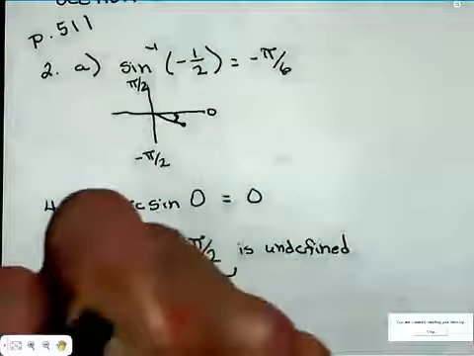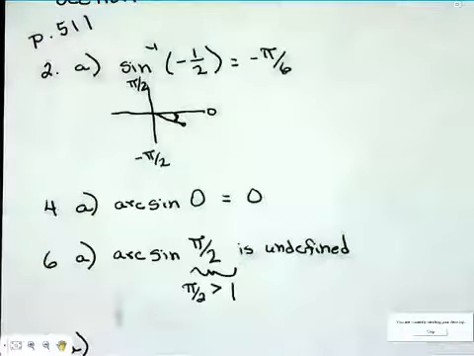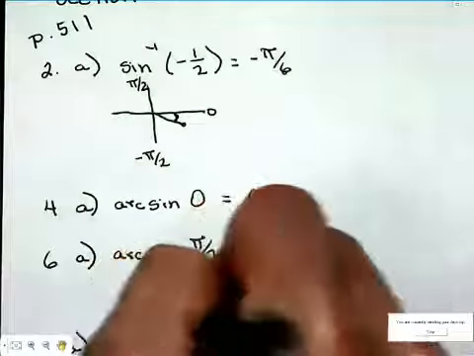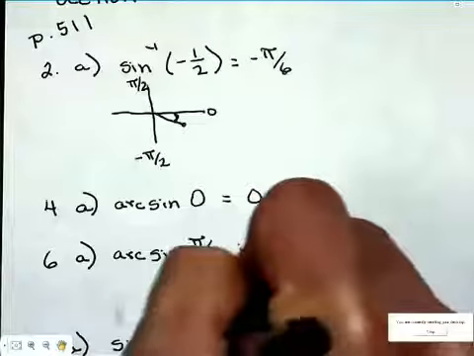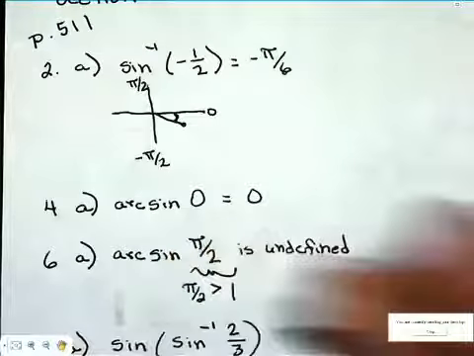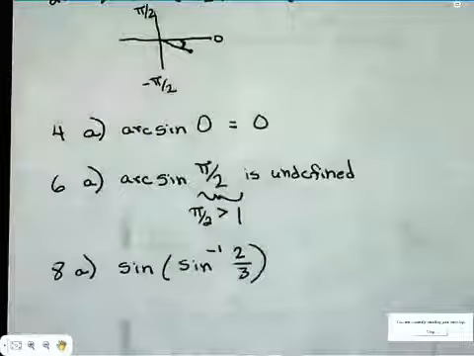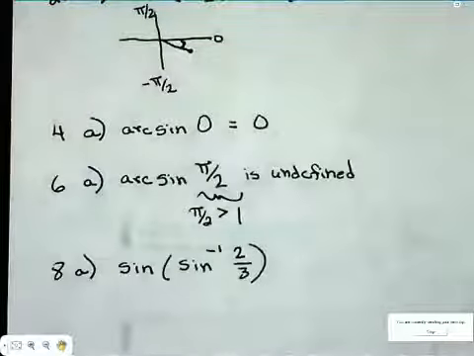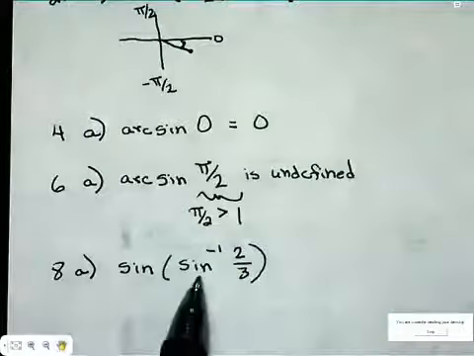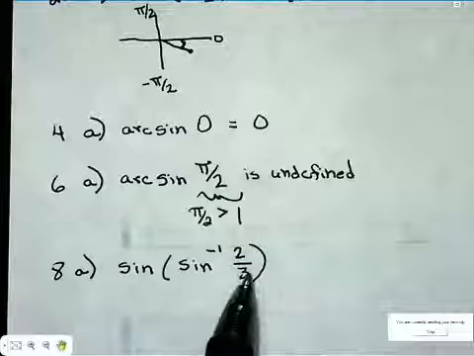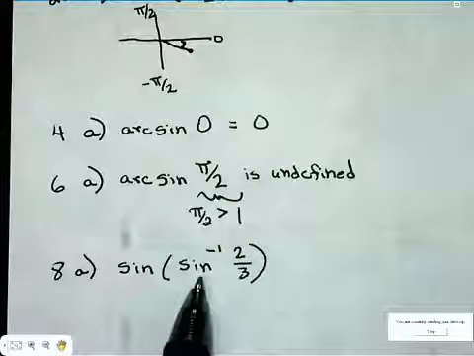8a is the sine of inverse sine of 2/3. This goes back to those properties. You can only say sine and inverse sine undo each other if this argument is a number that you can take the inverse sine of.